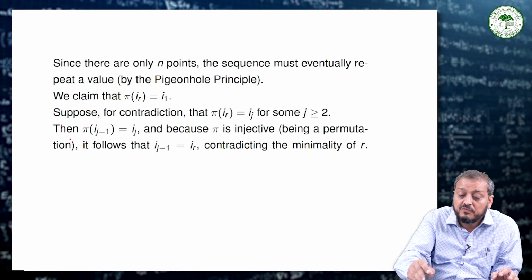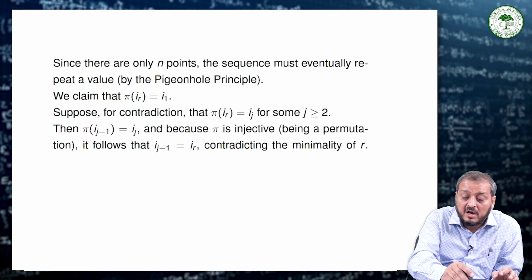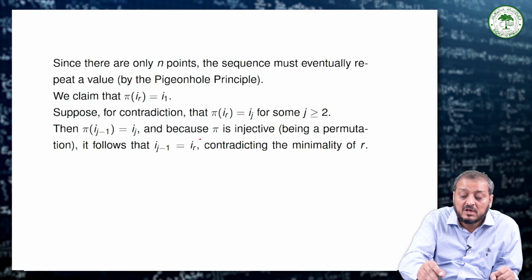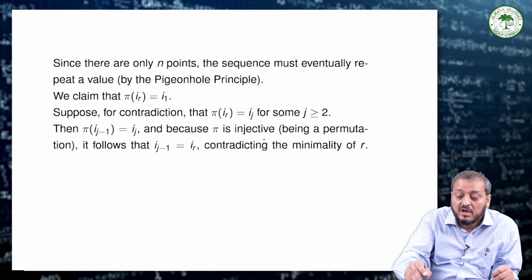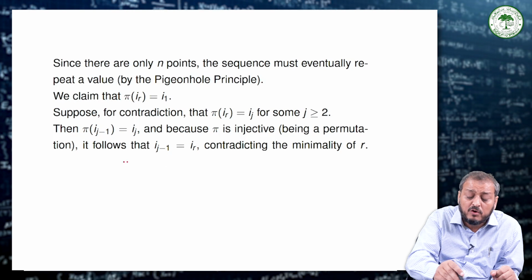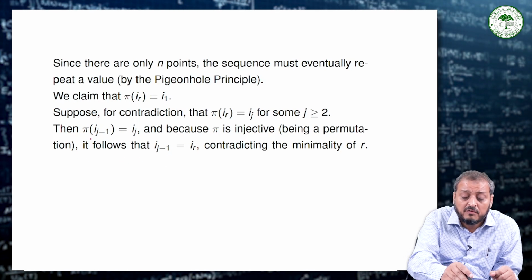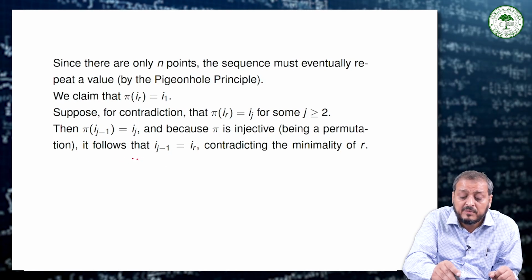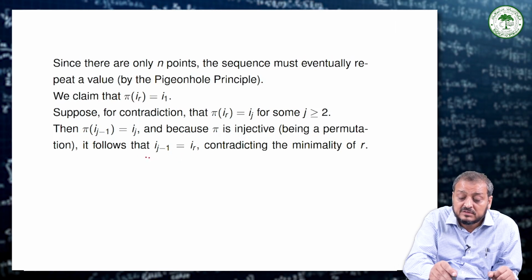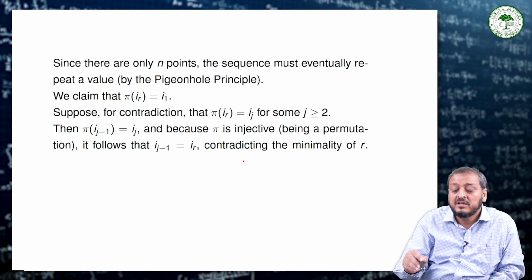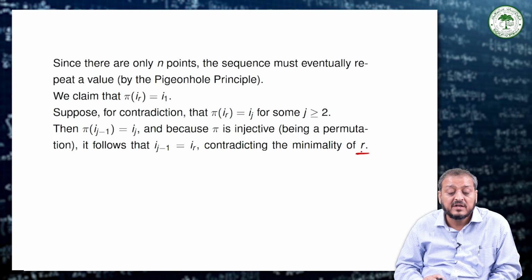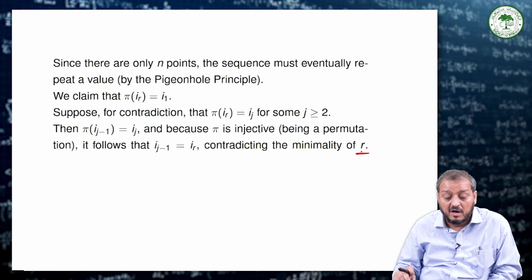Then pi of I_(j-1) is also equal to I_j, and since pi is injective, being a permutation, it follows that I_(j-1) is equal to I_r, and this contradicts the minimality of r.